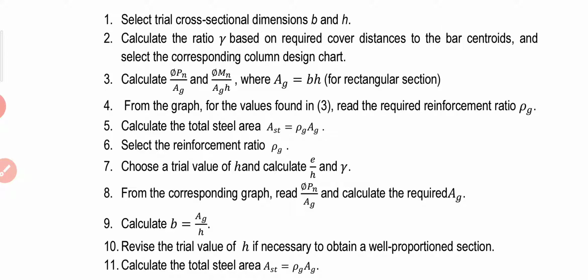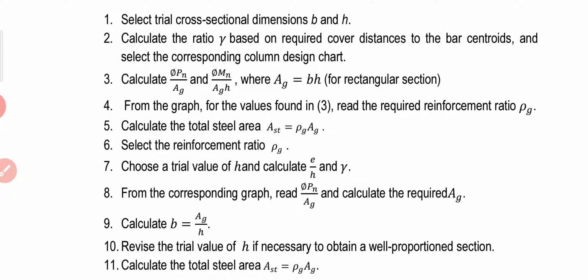Calculate phi Pn upon Ag and phi Mn upon Ag, where Ag equals b into h, which is the gross area of the column.